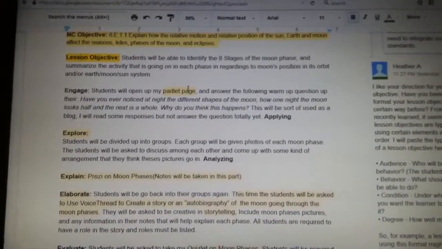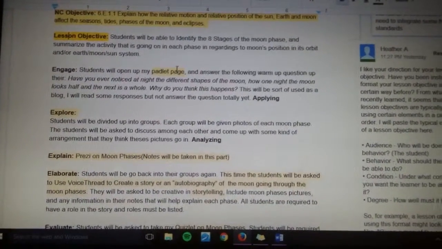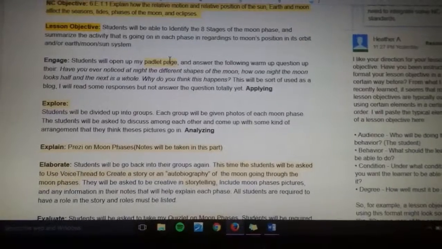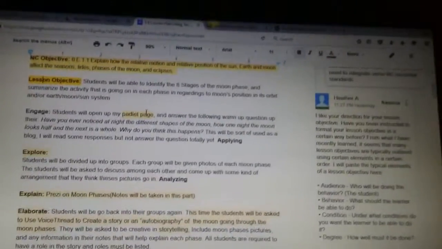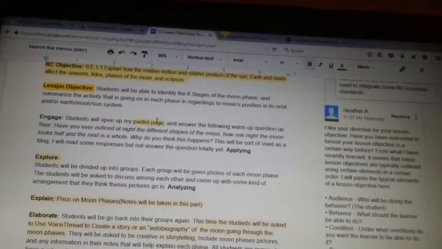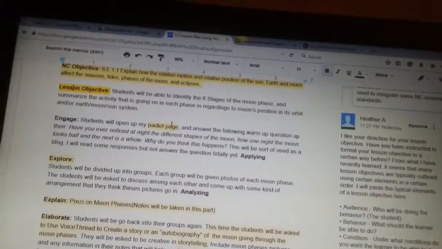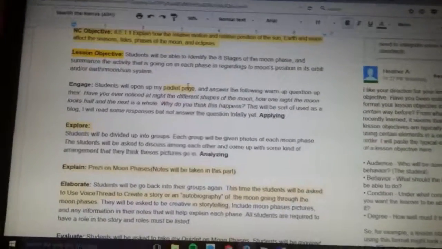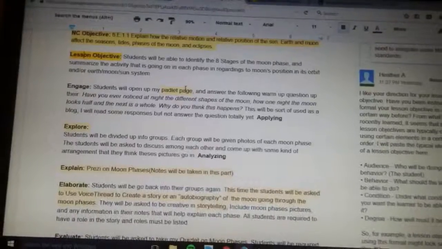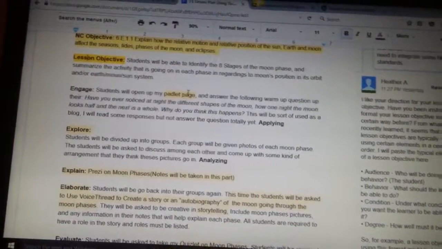So if you were to format this lesson objective into those standards, then you would list something like, provided with 8 pictures of the moon, the students will be able to identify the phases with 85% accuracy, something like that. So you would have the condition, which is what they're provided with, the audience, which is the students, the behavior, which is what they're doing, and the degree, so that would be the measurable rate of accuracy.